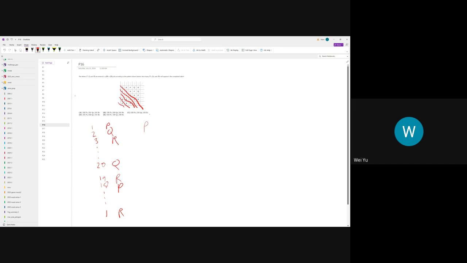Let's calculate P. The first P diagonal has a length of 1, then 4, then 7, plus dot dot dot, plus 19, and then 18 plus 15 plus 12 plus 9 plus 6 plus 3. So this is how many P's there are.